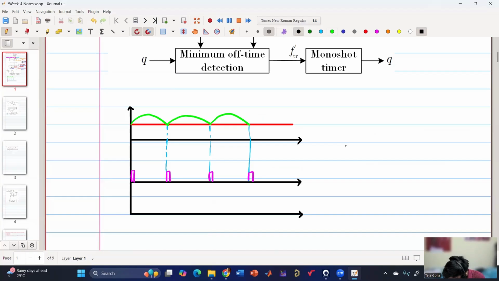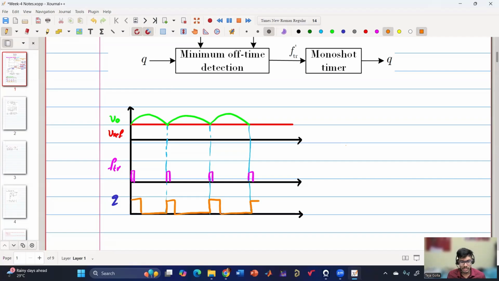So if we name this, this is my V naught, this is my V reference, this is my F trigger, and this is my Q pulse. Whenever there is a trigger, there is some on time followed by off time. And here also we have on time followed by off time, and again on time followed by off time. So till now, there is no issue as such.